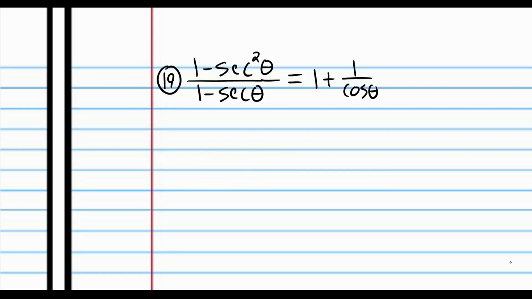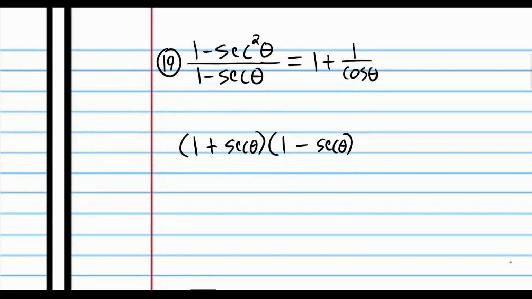So we're going to factor to a product of binomials. Remember, the difference of two squares always factors into the product of two binomials. And we're going to ask what number times itself is equal to 1 squared. Well, that's just 1. And what number times itself is equal to secant squared? Well, that's just secant. And then, because it's the difference of two squares, we write a plus sign and a minus sign.